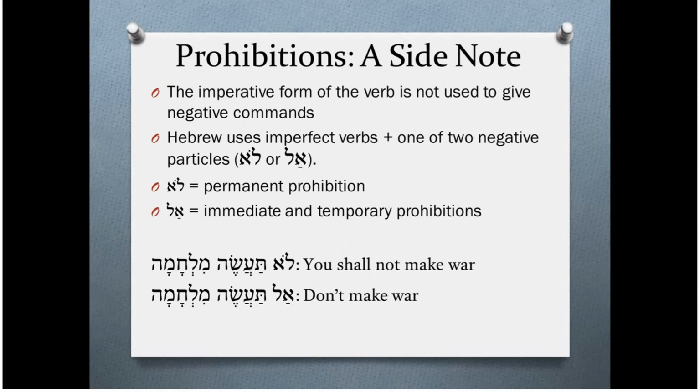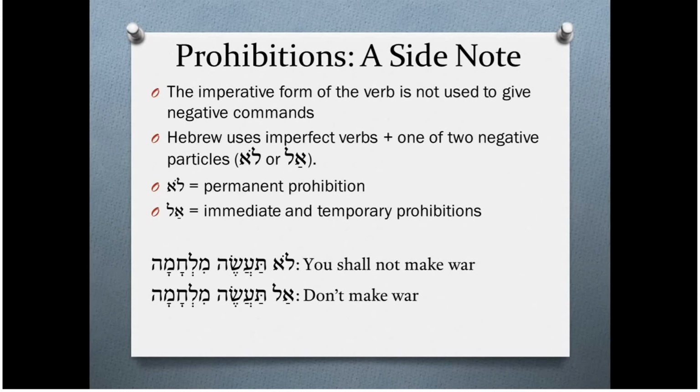So the question is, when he says no, I'm not going to do this, is he referring there to a permanent prohibition, never ask me this, or is this temporary and immediate, saying do not ask me about this now, and wait until the show is over? And of course the answer is the second one. It would be al, right? A temporary prohibition. It's not thou shalt not ask daddy about Jesus, but rather not now because I'm in the middle of a TV show. So immediate or temporary prohibition.